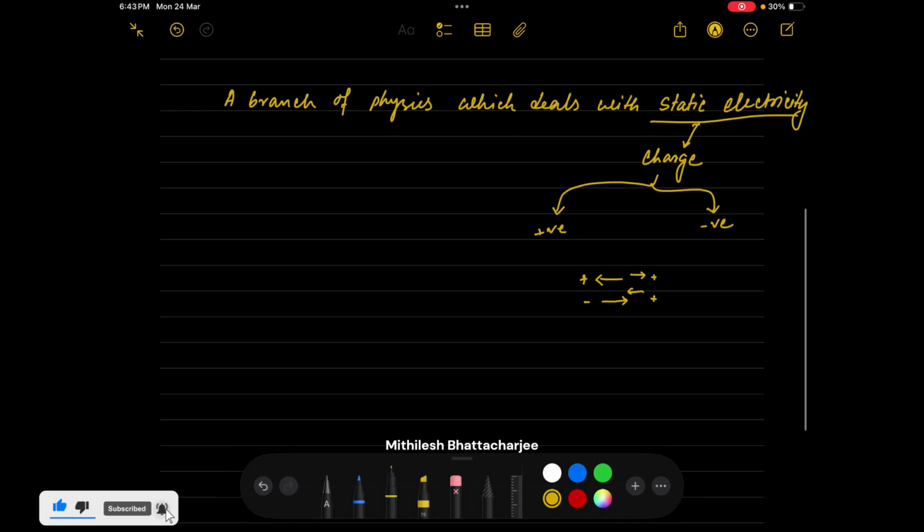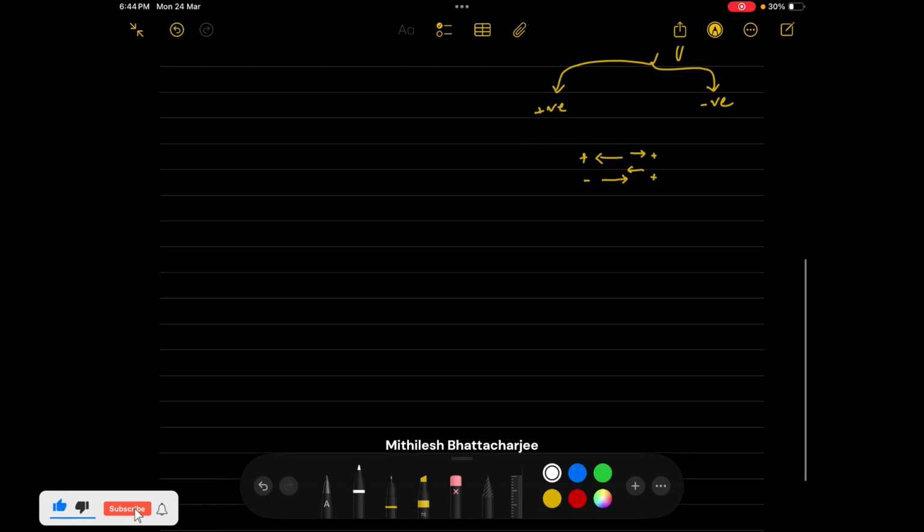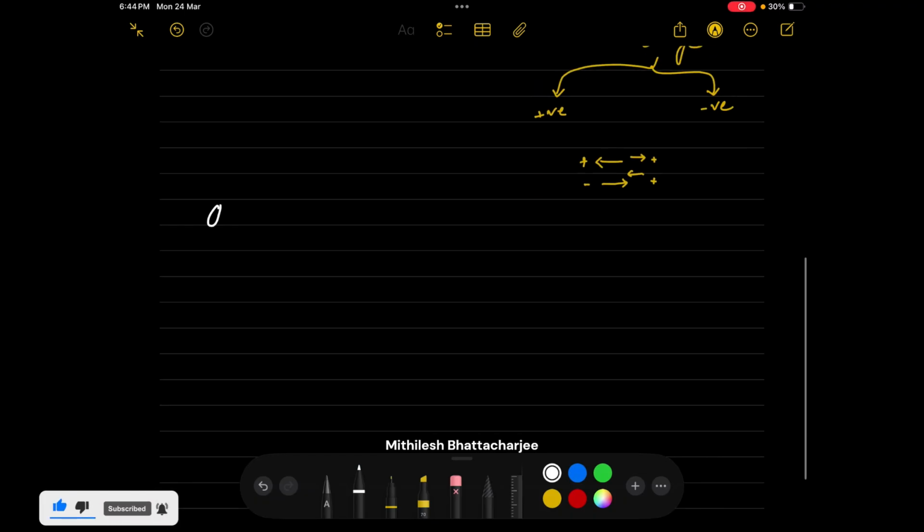So now we'll go for the quantization of charge. Fine, quantization of charge.